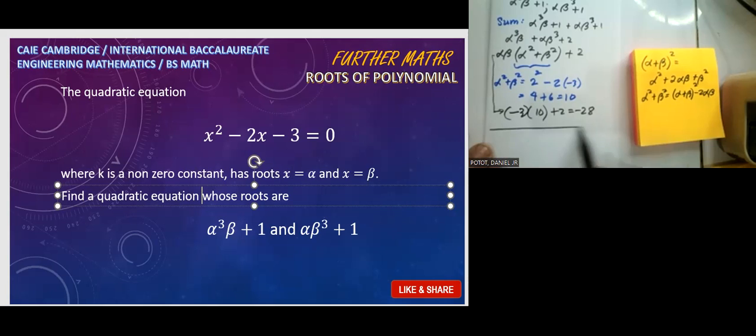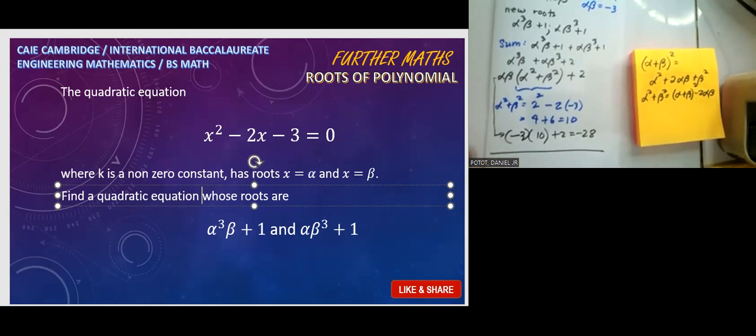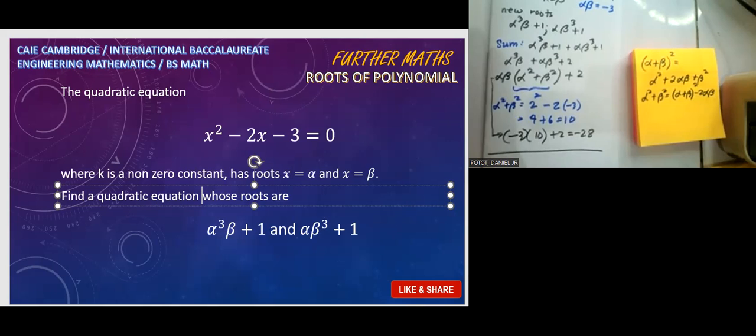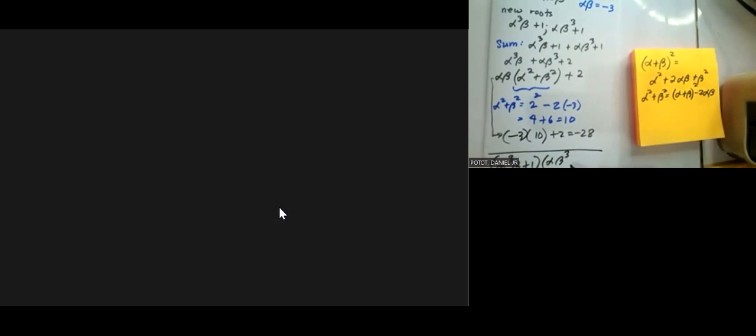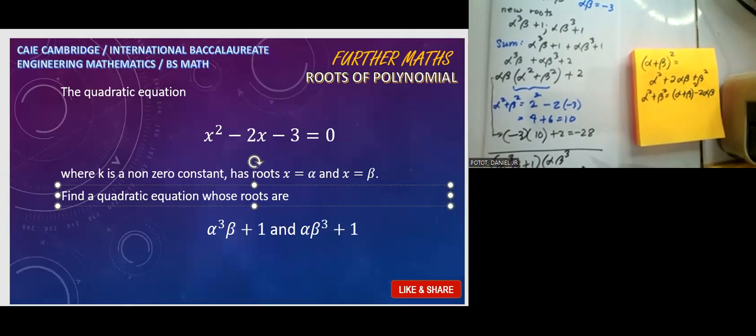Now we're going to take the product of the new roots. Taking the product, you have alpha cubed beta plus 1 multiplied by alpha beta cubed plus 1.